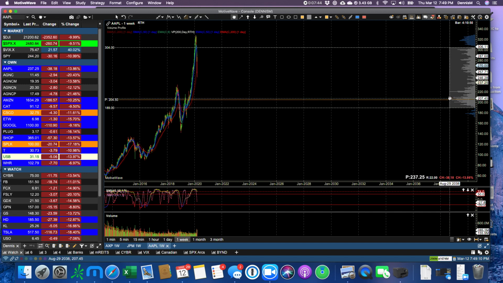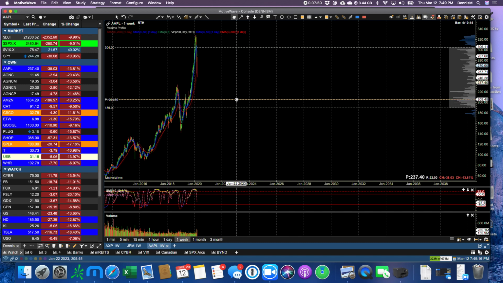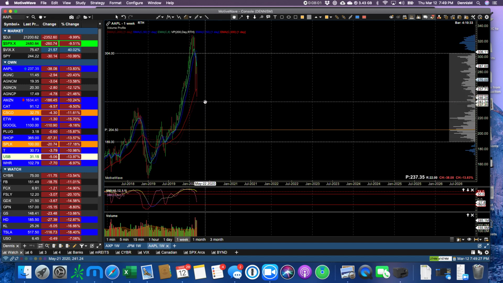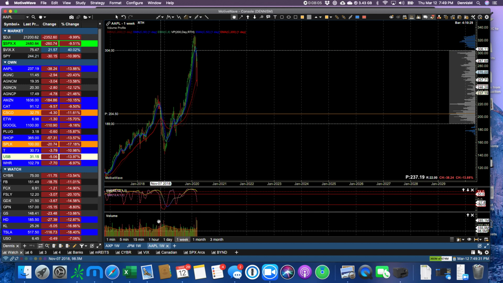So the bulk of the volume was around 204.50. There are still traders who are holding above 204.50 that are still showing a profit, and they could be selling to retain that profit. So 204.50 is not something to be sneezed at.